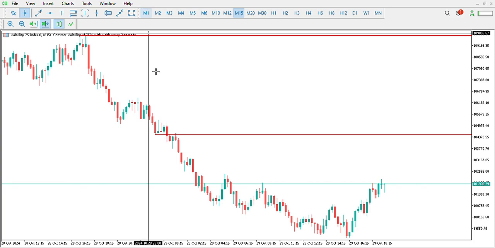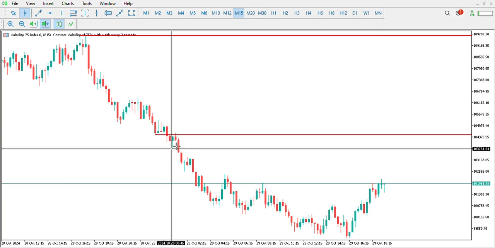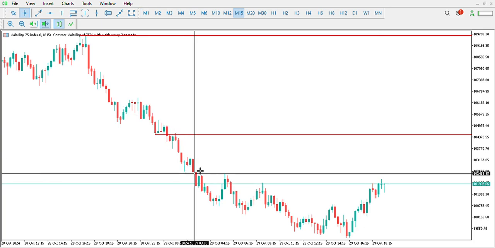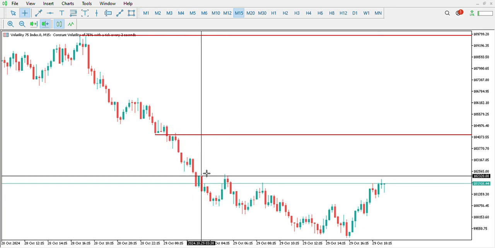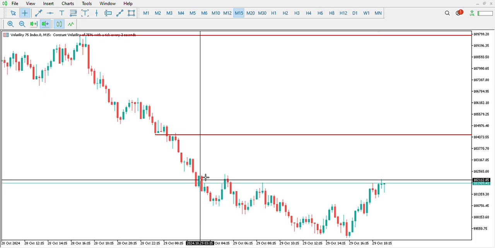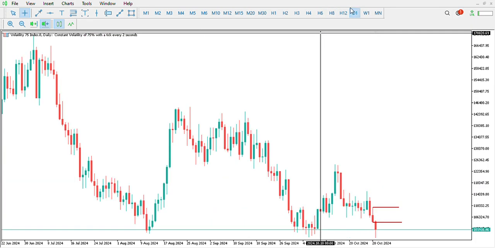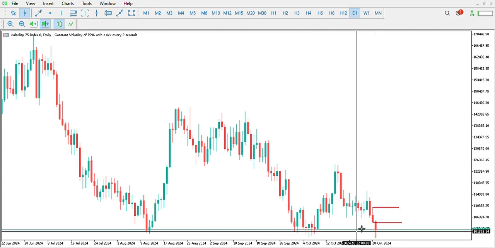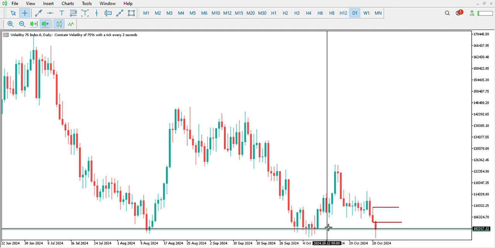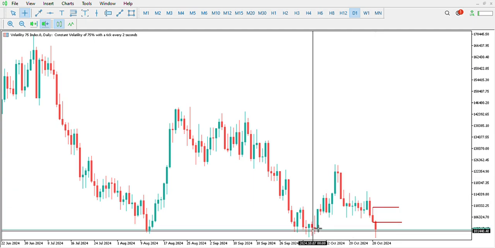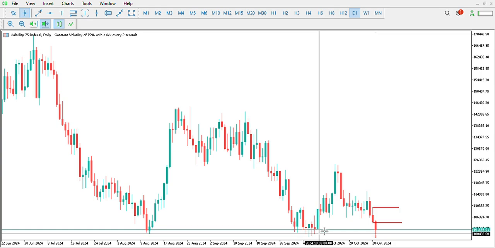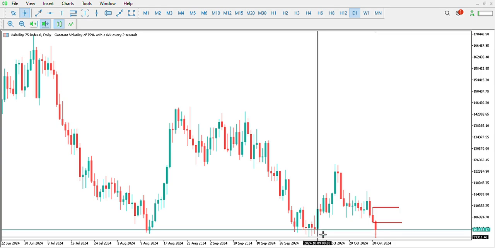I'm seeing here one, I'm seeing here two, and then it came back and it respected this order block. So you can start selling at this point as you're targeting the previous day's low. I can target this as my point here, either here, here, or even I think it's here, yeah, and it made my take profit. You're getting my point?